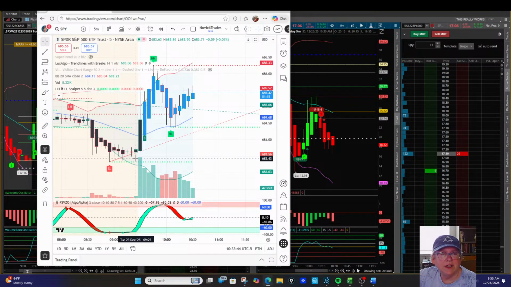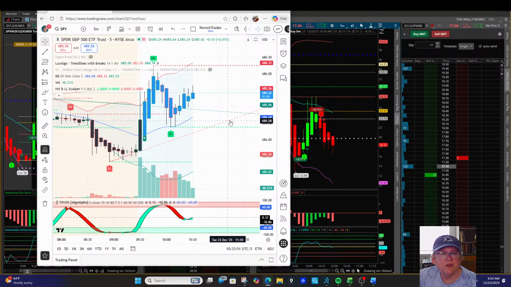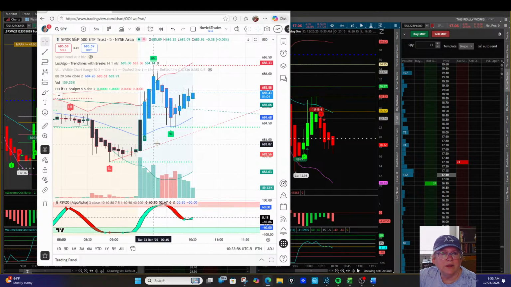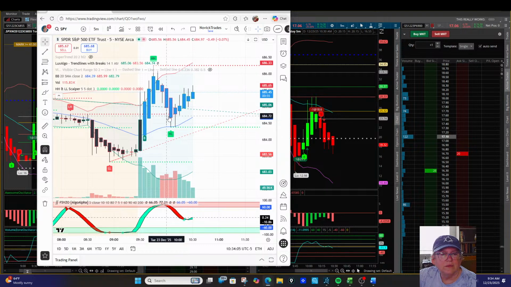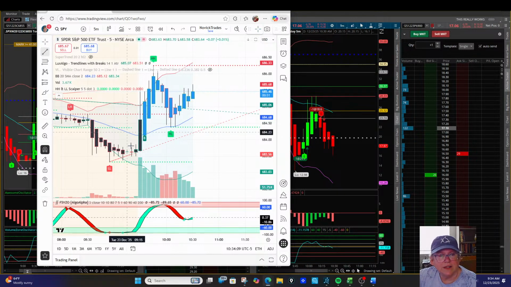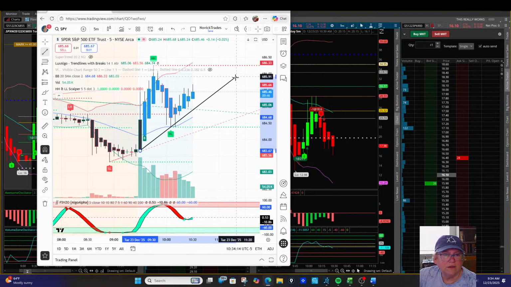Okay, but on this particular one, this is showing the trend line as this red line. And so it has bumped on that, gone up, gone down. And when I drew these trend lines to begin with, I connected the lower wick when it touched there.